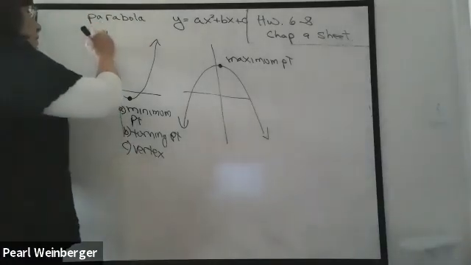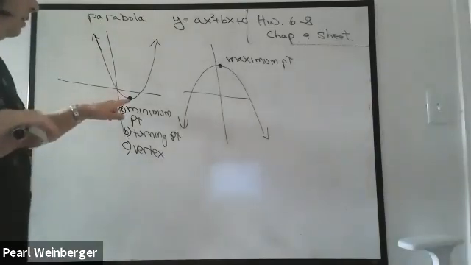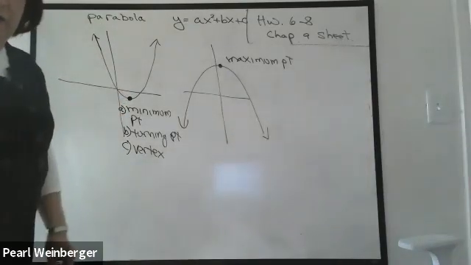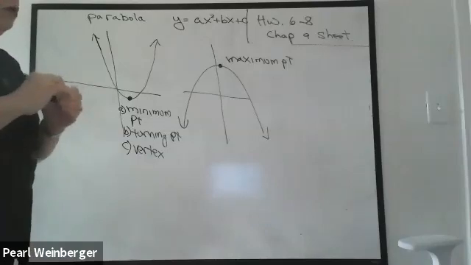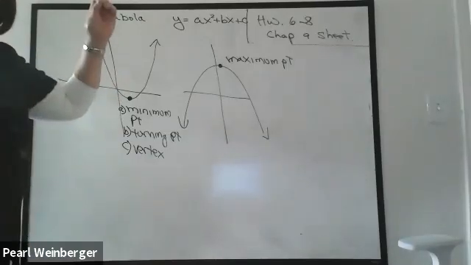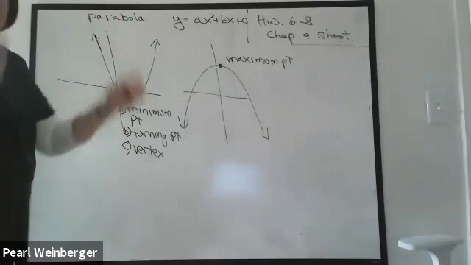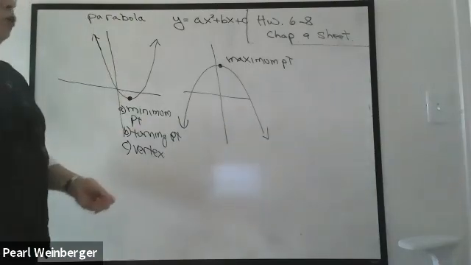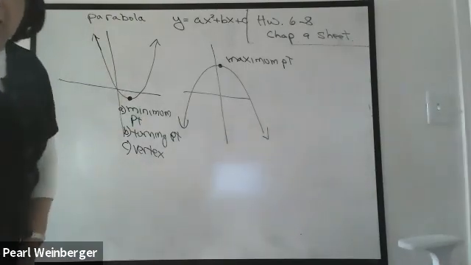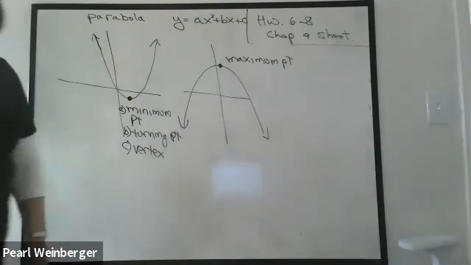Once you know what the vertex is, and you know whether your parabola is an opening up or an opening down parabola, you will be able to do a pretty good sketch of that parabola.